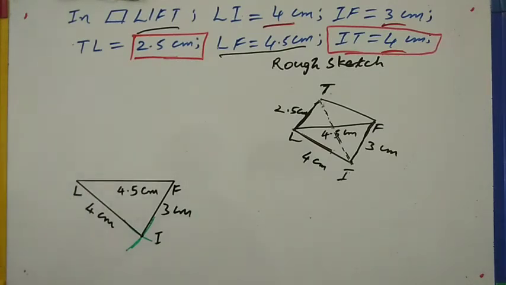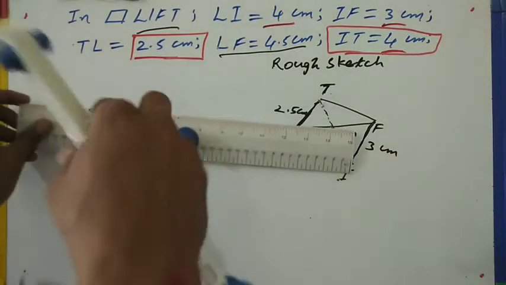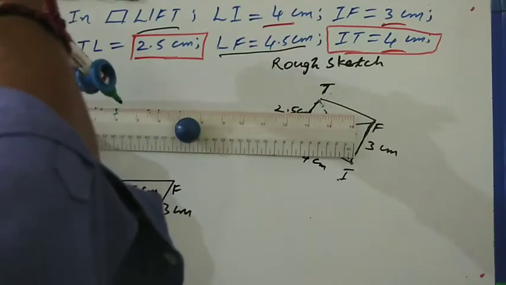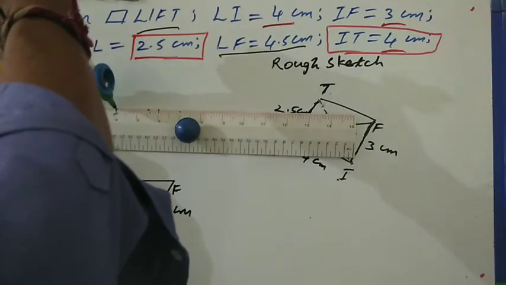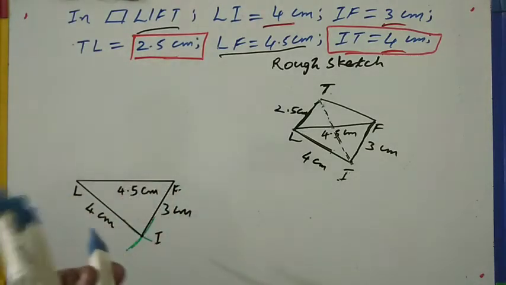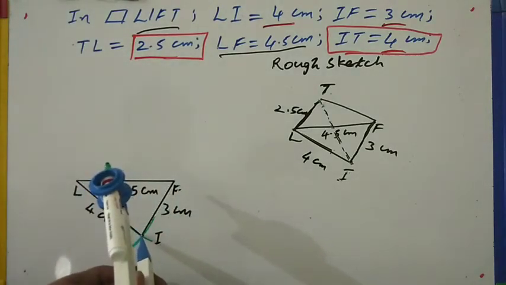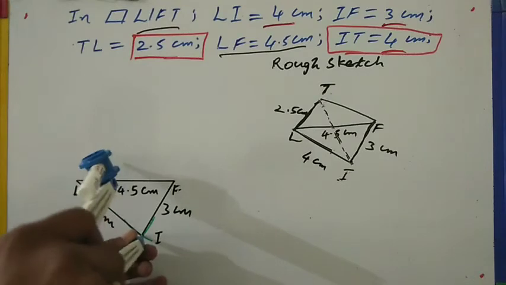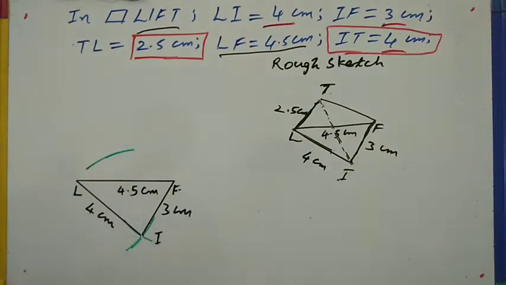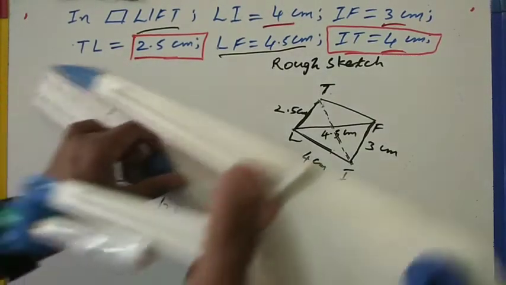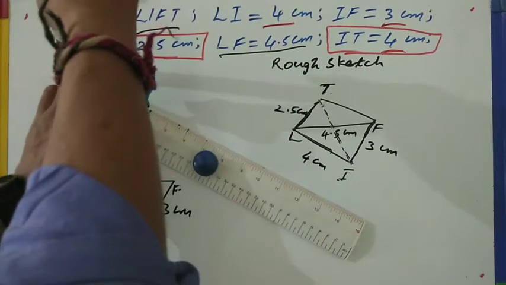So, again I am using a pair of compasses to find the vertex T. First, I am taking measure of IT, that is 4 centimeter as the radius of compasses, and taking I as the center, I drew an arc. Now, I will take 2.5 centimeter as the radius of compass.